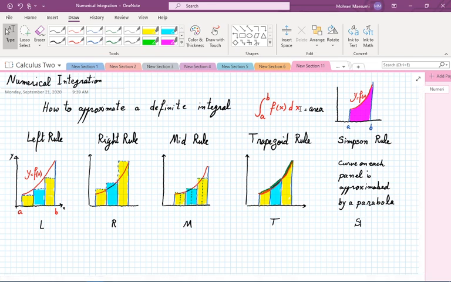There, the main tool that you have is the fundamental theorem of calculus. You calculate the antiderivative of f, plug values a and b in it, subtract, and that is what the area is going to be.